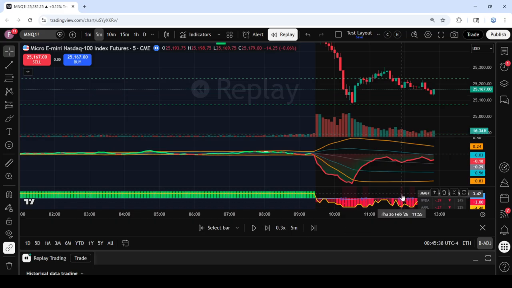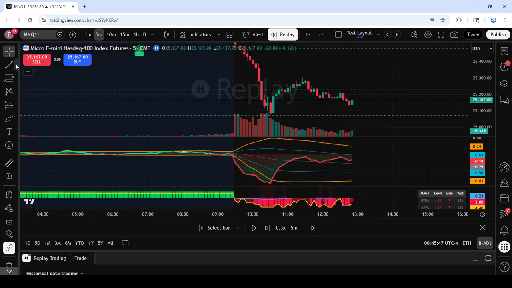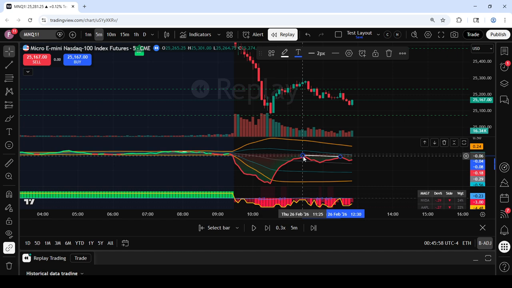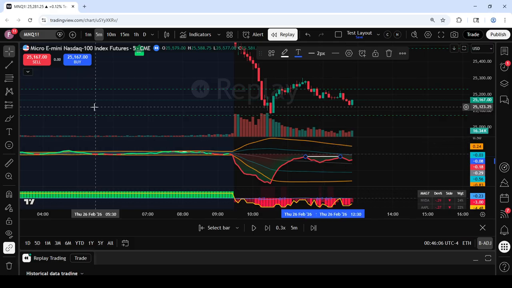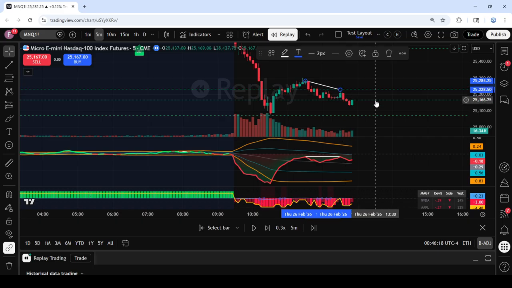Alright, now what I'm seeing is bullish divergence. So I'm looking at this trend right here. Nice flat. Same points. Going down.